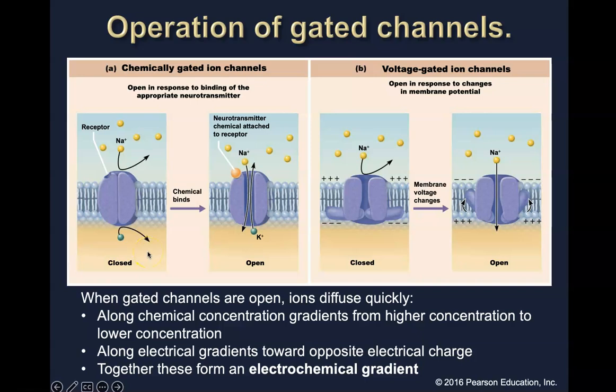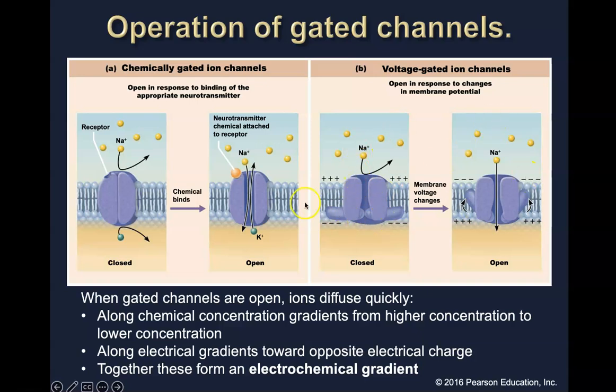And what that means is that we're always going to have this buildup of sodium outside the cell and potassium inside the cell. So anytime we open these gated channels, sodium is going to want to rush in and potassium wants to go out. I have a slide on this to remind you of the sodium potassium ATP pumps, but I just wanted to bring it up now too.